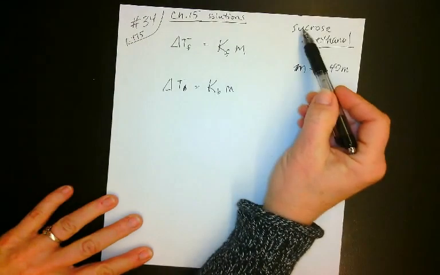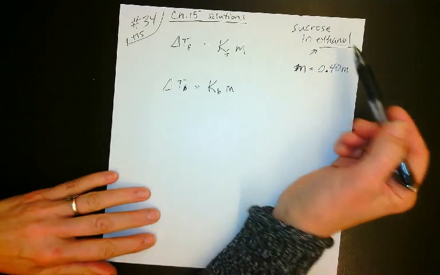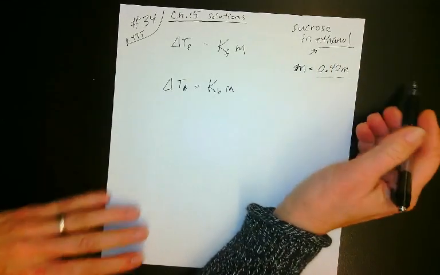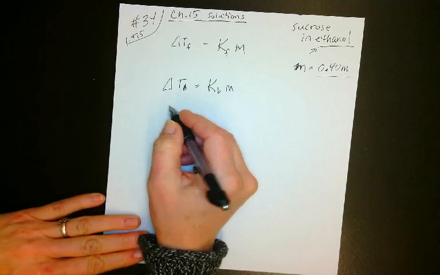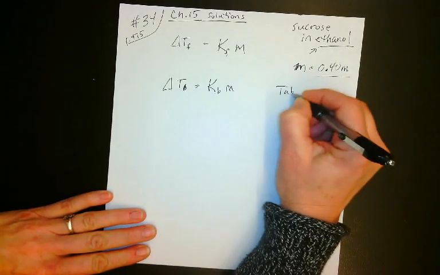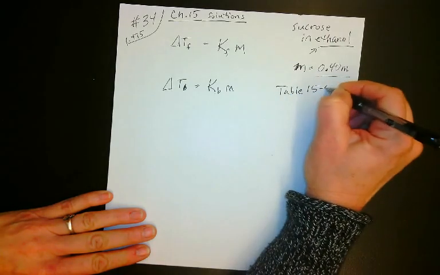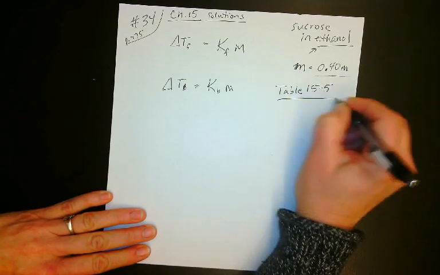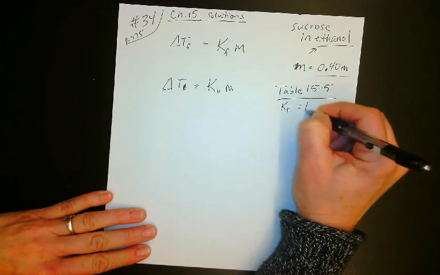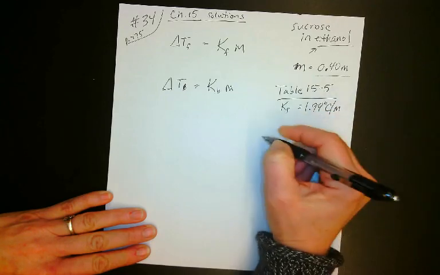So now that you know it's sucrose, this is like taking sugar and sticking it in ethanol, which is an alcohol, and creating a solution. Plugging the numbers in is pretty straightforward if you use your tables. So from table 15-5, my KF value is 1.99 degrees Celsius per molar solution.